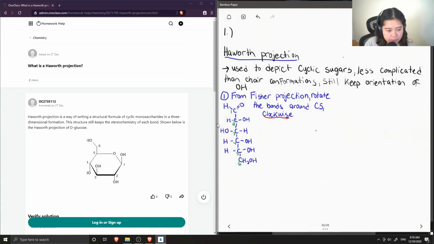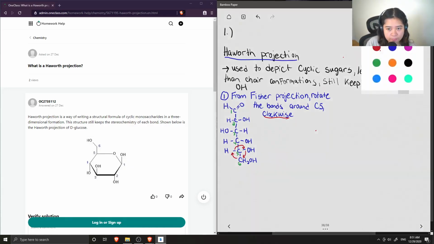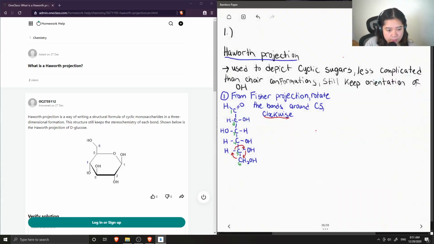And I'm just going to rotate all of the functional groups on carbon 5 in a clockwise manner. And then I will write what the product looks like.